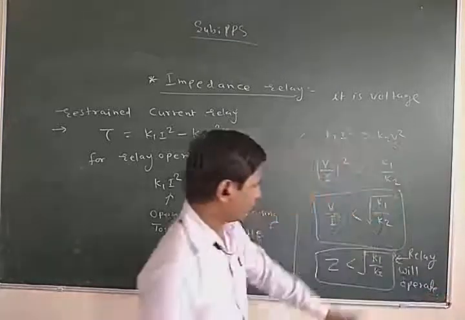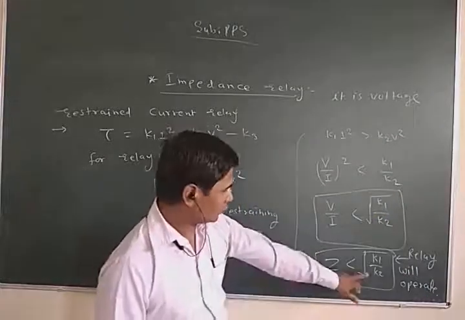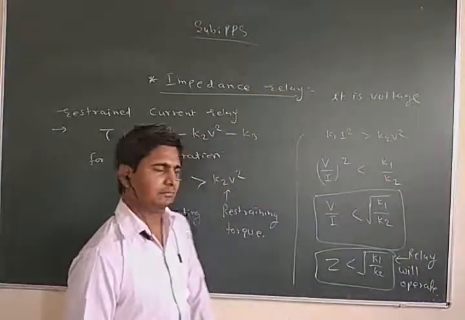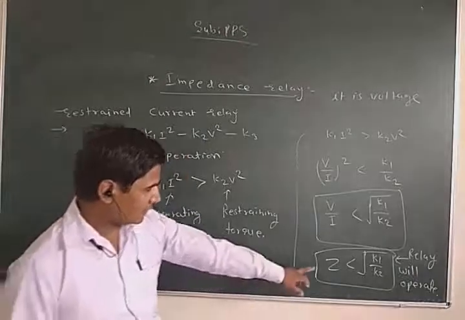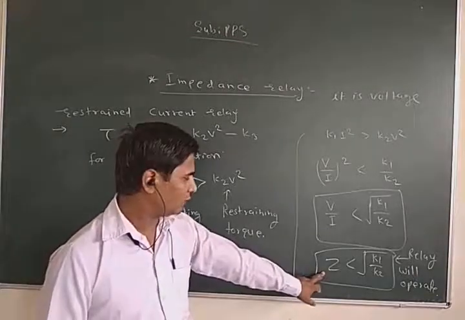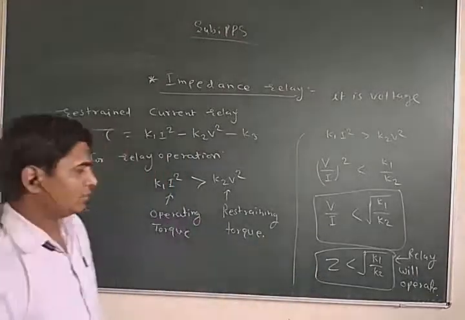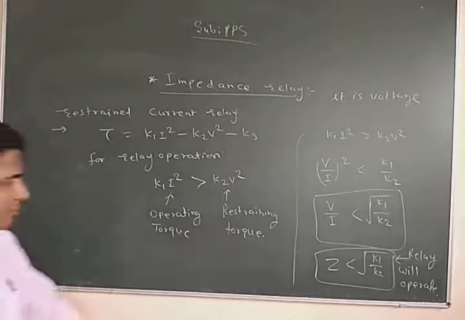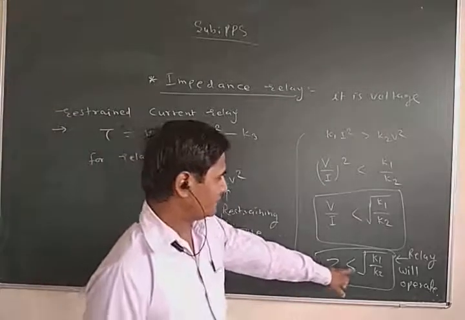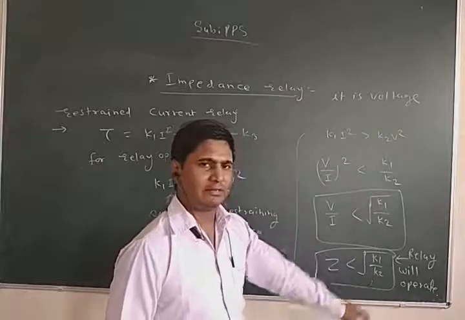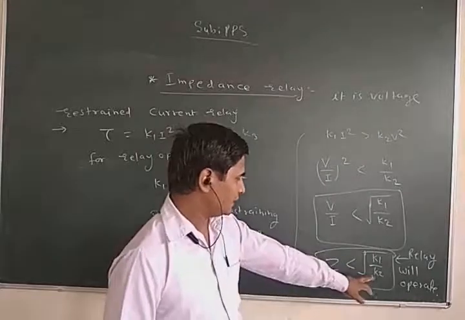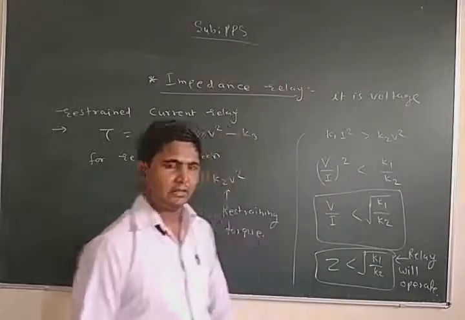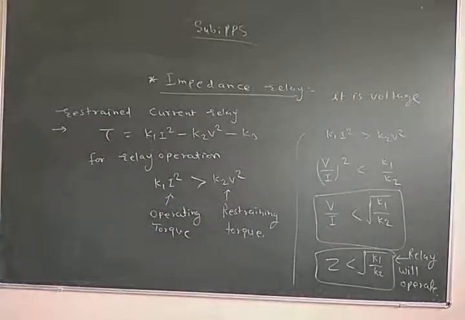Where under root K1 upon K2 represents the total impedance of the line, and Z is the impedance from the feeding point to the fault point. So if the impedance from the feeding point to the fault point is less than the impedance of the transmission line, or we can say the impedance set in the relay, then our relay will operate.